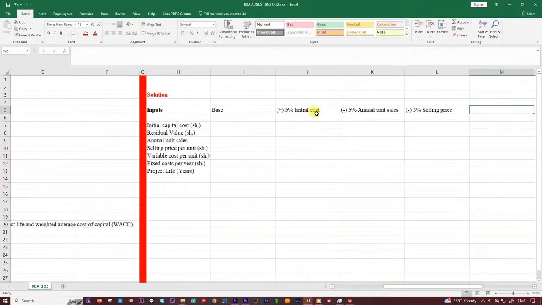Then we continue building on the model itself. Right here we have variable cost. Now, increase in variable cost, 5%. I'll explain variable cost.